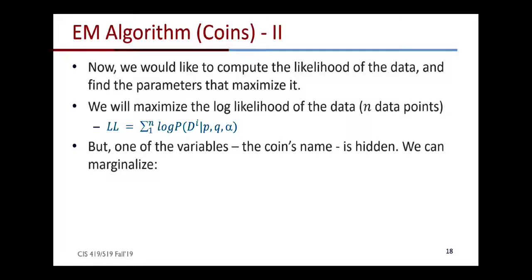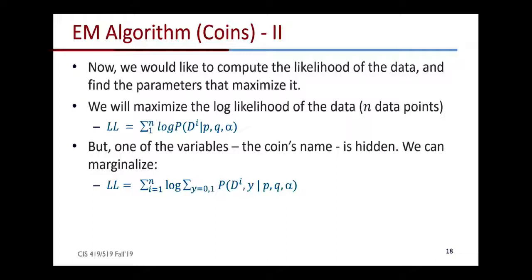The problem is that I don't know the coin's name. So one of the variables is missing. We're going to marginalize over it. So this is our y here. So really what we're going to do is we compute the sum over the data points, log sum over the values of the y of this variable.